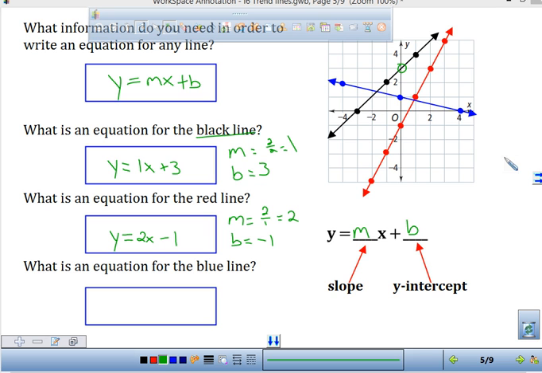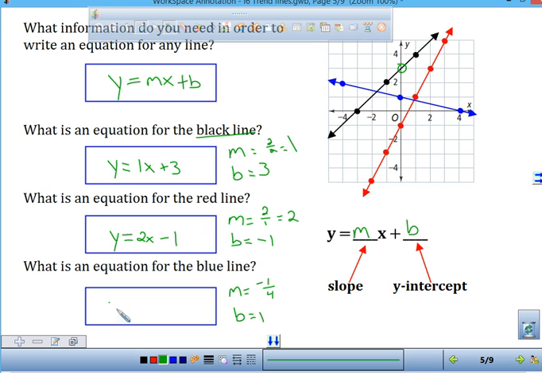And then the last one's a little bit more difficult. Not as easy usually for students. Okay, what's the y-intercept? 1. Okay, that's still not too bad. And then the slope. Okay, how do you get -1? Very good. We're going down 1, which gives us -1, and then we run 4.